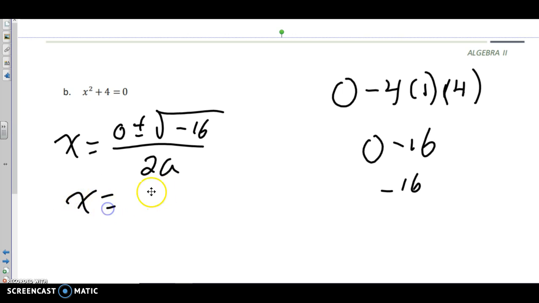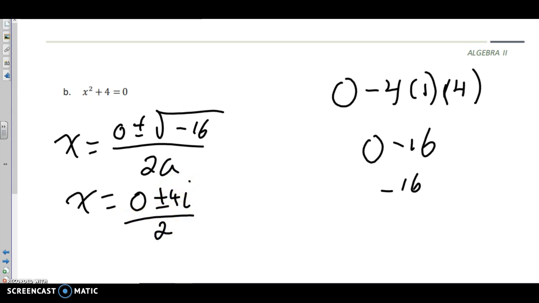So when I solve this out, I have 0 plus or minus 4i over 2. So I get plus or minus 2i as my answer. So I have two complex solutions, which is exactly what the discriminant predicted I would get.